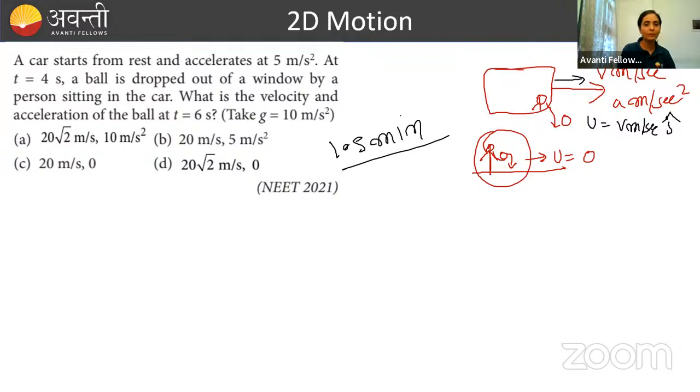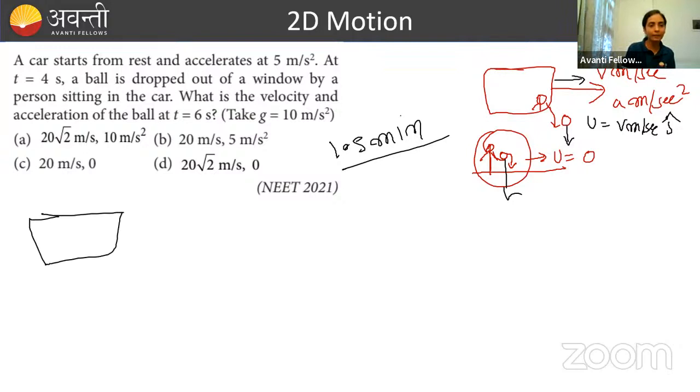If you are dropping the ball, it won't carry the acceleration of plane with itself. Because acceleration has to do something with force. Done. And once the ball is out, it is not inside the environment of the plane. So no, acceleration it won't carry. Acceleration it will only feel because of gravity, just like this ball. Okay, so only velocity.